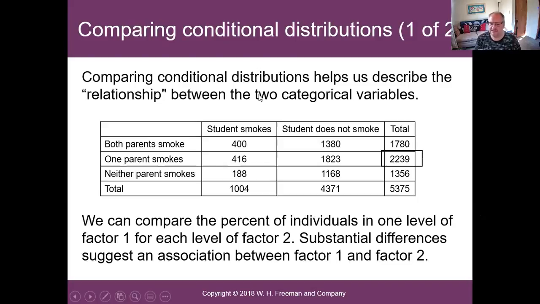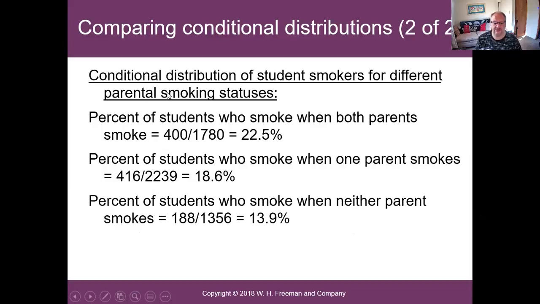So when one parent smokes is 2239. The percent of students who do smoke is that number, 416 there. So it ought to be 416 over 2239 to get our answer this time. After you're done with that, you can change that into a percent. So there's your 416 over 2239, and our solution there is 18.6.